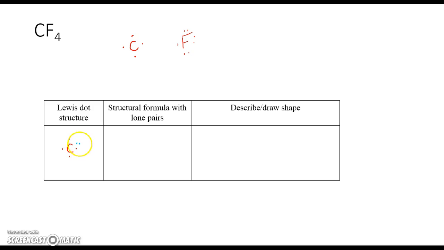So fluorine, if you remember correctly, has 7, and because I have 4 fluorines, each one of those fluorines can attach to one of the carbon electron domains.